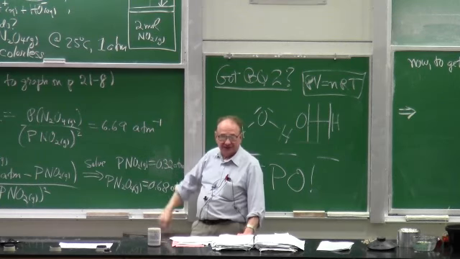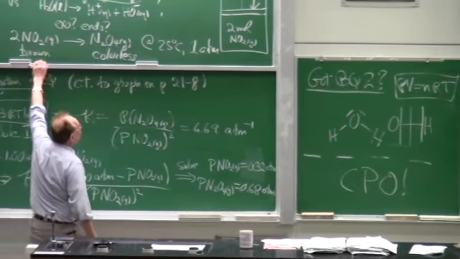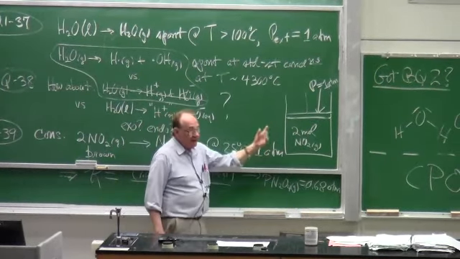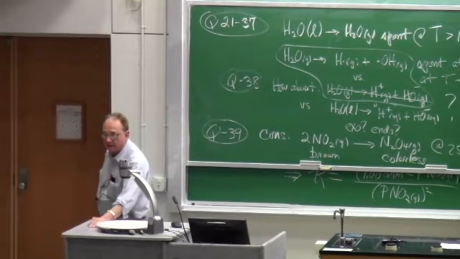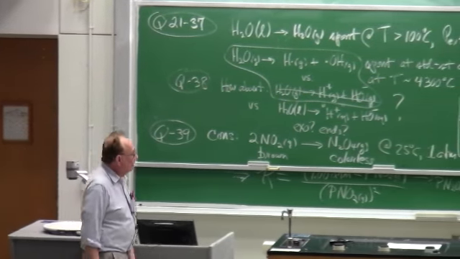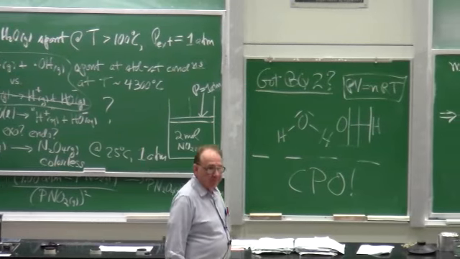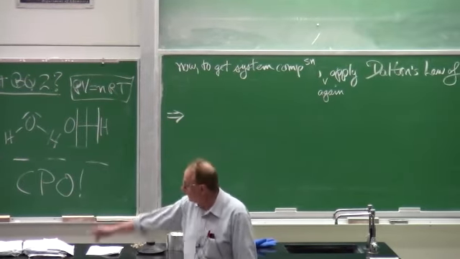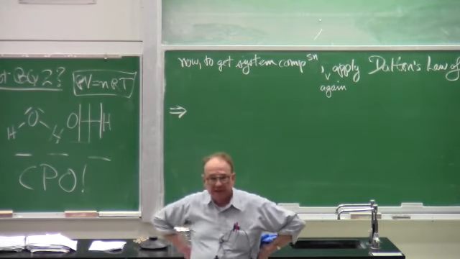If I could start with 2 moles of NO2 gas at 25 centigrade, total pressure 1 atmosphere, what kind of volume am I talking about, roughly, given that NO2 gas has a behavior which is effectively describable by P equals nRT? What kind of volume would I have for this piston cylinder gas if I, in fact, did this experiment?